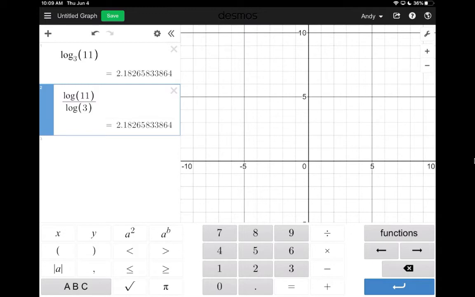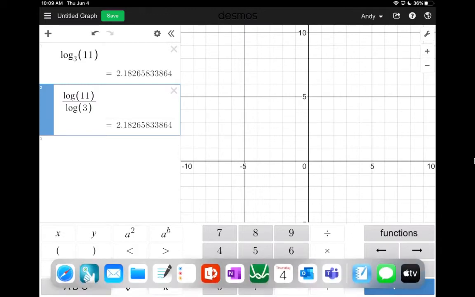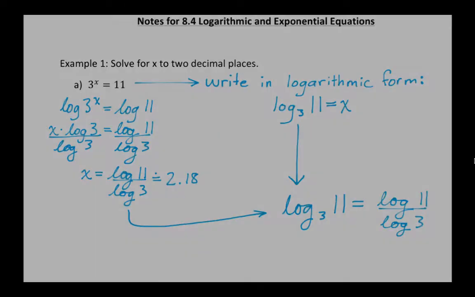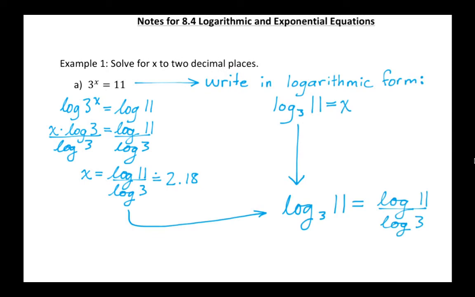So these two expressions are equivalent. If you have a calculator that does not allow you to specify a different base like 3, and you need to evaluate log base 3 of something, then you do log of your argument divided by log of the base that you want. And this is how you change the base.